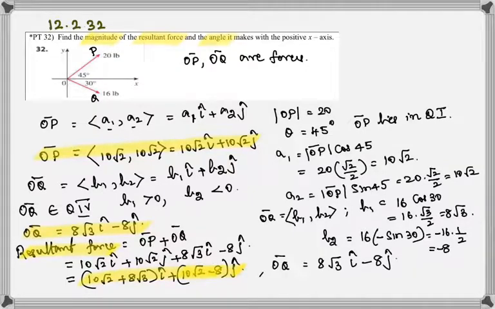Now we are asked to also find what angle it makes with the positive x-axis. So theta can be written as tan inverse of the y component over the x component.